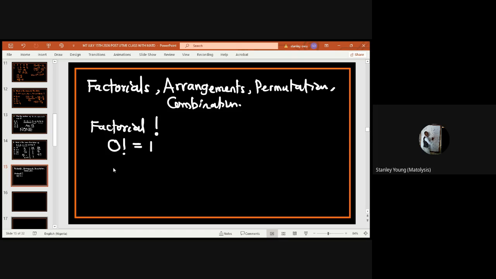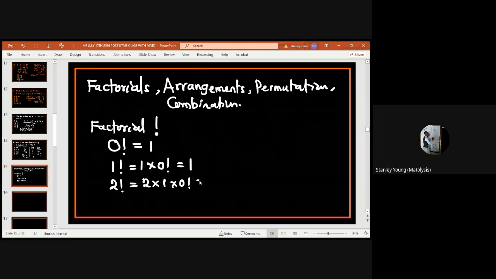Now, 1 factorial means 1 times 0 factorial, and that's 1. If I have 2 factorial, it means 2 times 1 times 0 factorial, that's 1. So for the sake of easy calculation, you can just stop at 2 times 1.